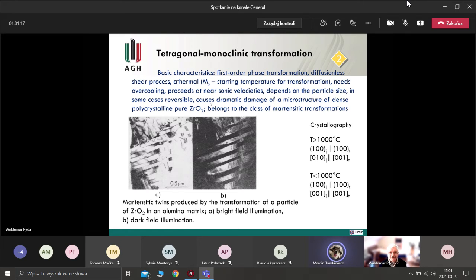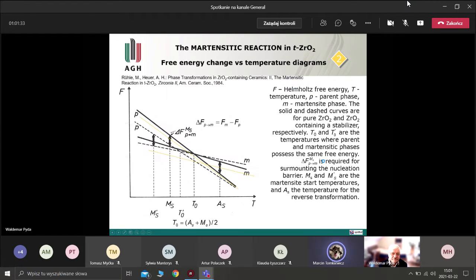Yes, because you have to be in some kind of field of temperatures, because if someone cools it too quickly, the material cannot go through martensitic change.